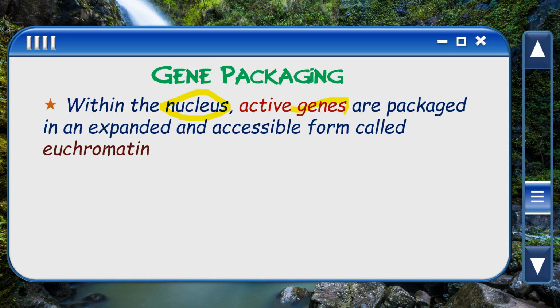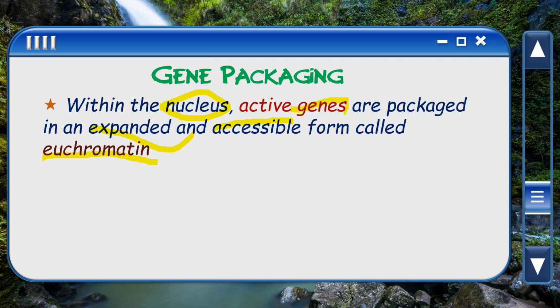But not all these genes are going to be expressed for that particular type of cells. So when the genes are packing themselves, those that are going to be active will be expanded and accessible. And that is what we call euchromatin.